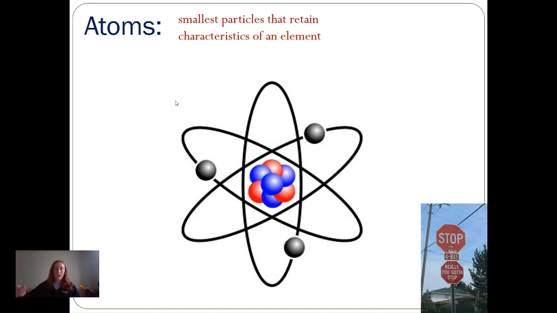In our hypothetical diagram here, the electrons are the gray circles or spheres, and the protons and neutrons are the blue and red colors inside of that atom. So rocks are made of minerals, minerals are made of elements, elements are made of atoms. All right, you've got a stop sign here telling you that there's another quiz question that you should be able to complete at this point.